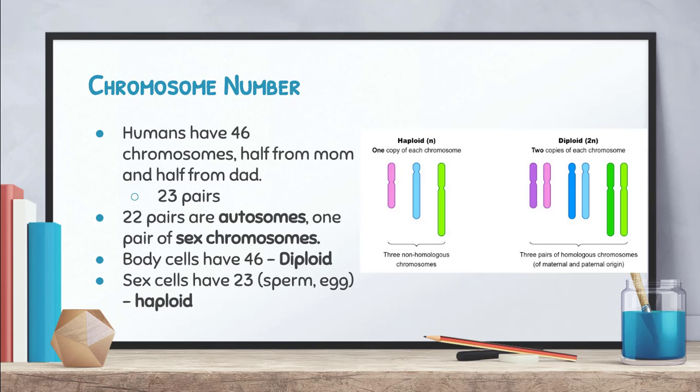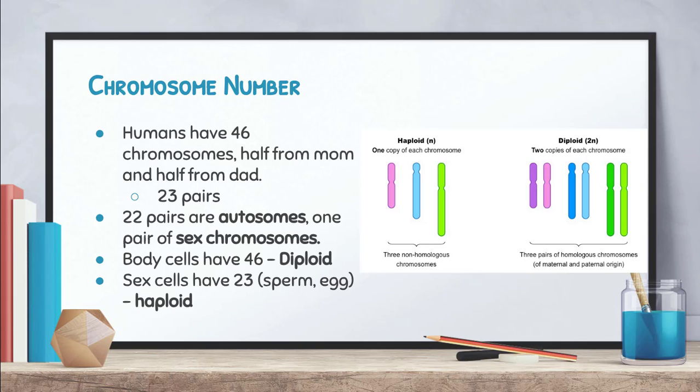Sex cells, however, such as sperm and egg, only have 23 chromosomes. So it makes sense because when you think of the process of fertilization, when sperm meets egg, you have 23 chromosomes in sperm, 23 in egg, and they unite to form a zygote with 46 chromosomes. Then mitosis takes place and the offspring begins to develop.